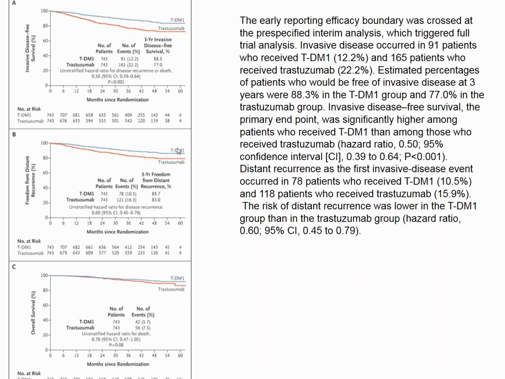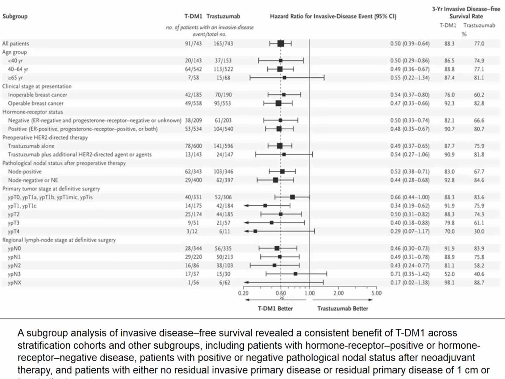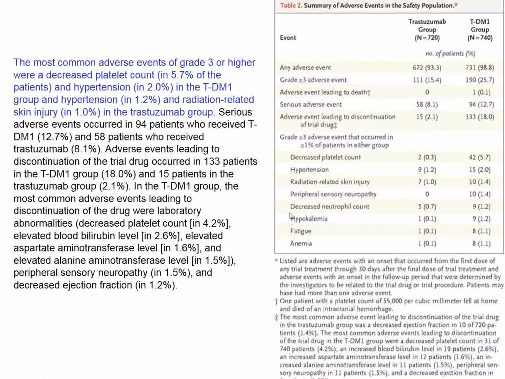So I guess I'd rather be in the blue group than the red group. And if we look at this forest plot, this combined treatment seemed to be better for the entire gamut of patients, irrespective of age or expression of hormone receptors or how far the disease had progressed, etc.